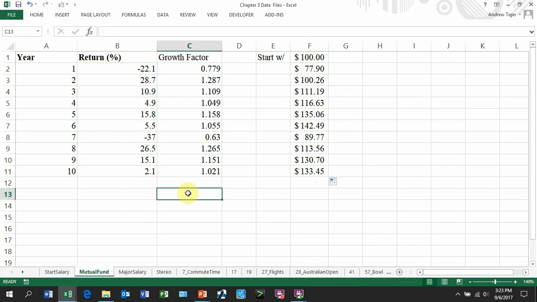And you can use something called a geometric mean. What you want to do is take the geometric mean of this growth factor. And it gives you a return of about 2.9%. Your growth factor is this, so let's show that as a percent.